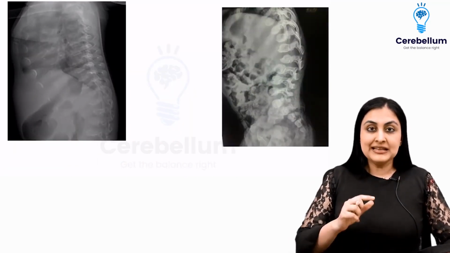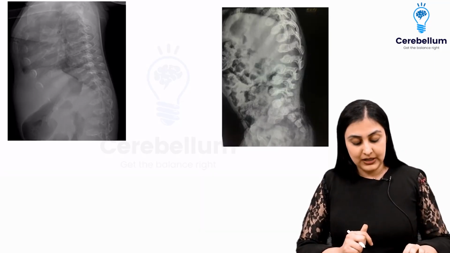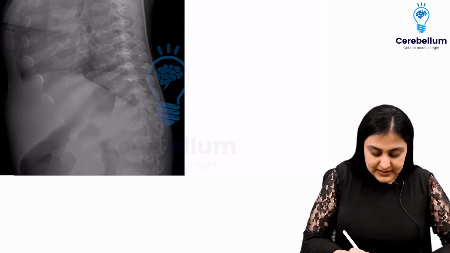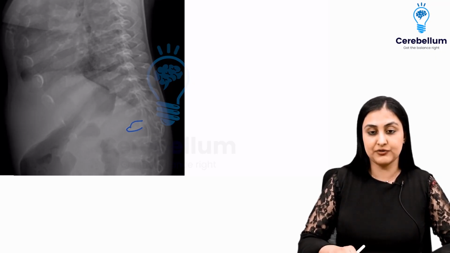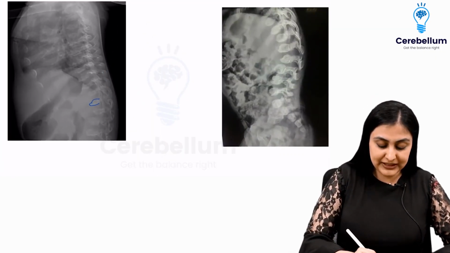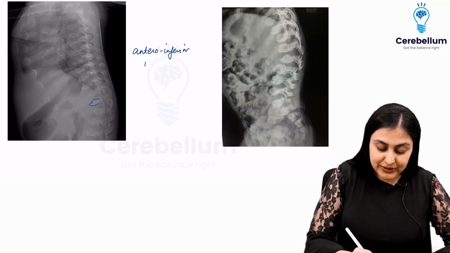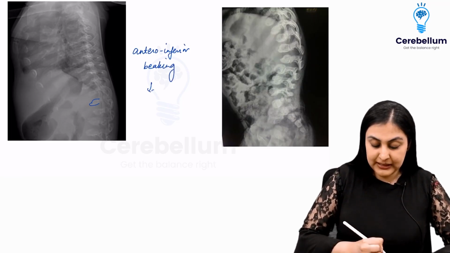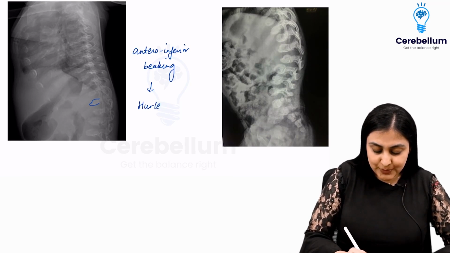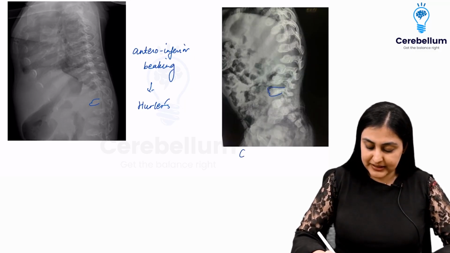Apart from this, in the spine, what we are going to have is wedging of the vertebra. When you have these wedges or projections in the inferior aspect of the vertebra, this is antero-inferior wedging or beaking of the vertebra, more commonly associated with Hurler's syndrome. On the other hand, where you have a central tongue-like projection, you have a central beaking.